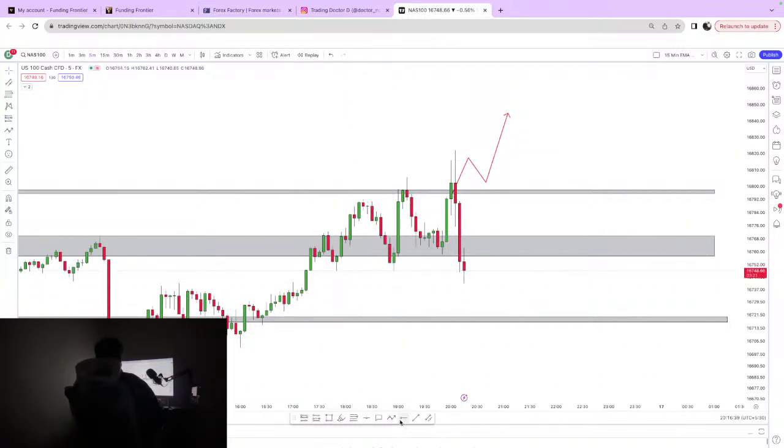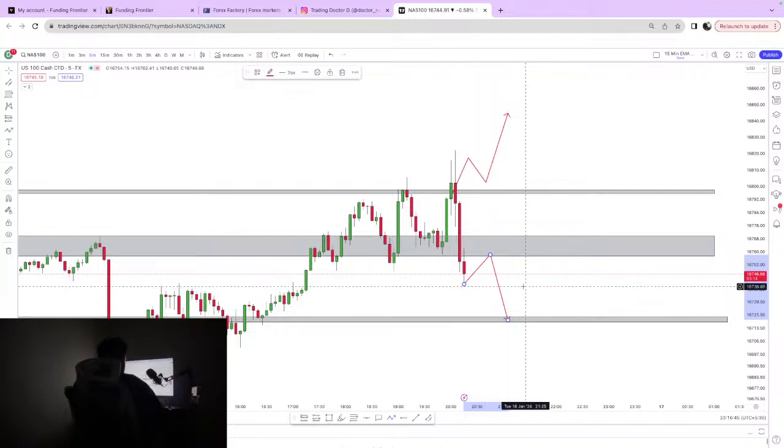As I told you, if we break this level, then we'll wait for a retest to take any trade, right? We'll not trade directly on the breakout.